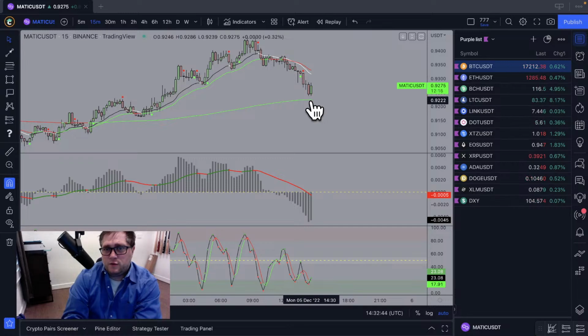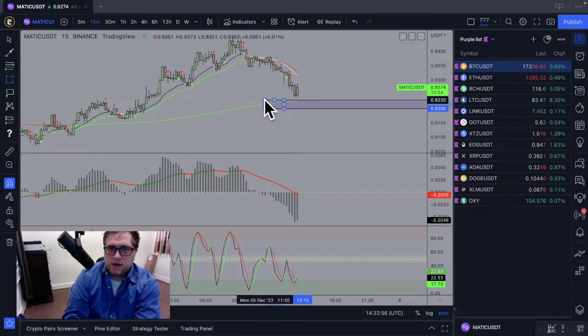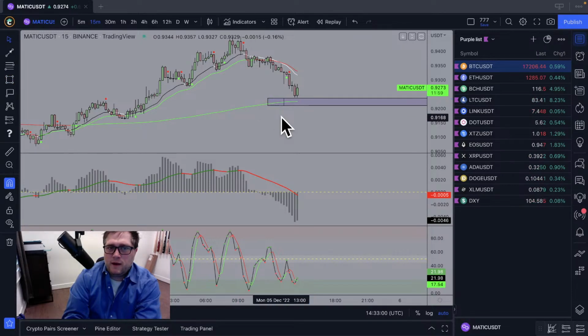It's at the 233. It does not have to touch the 233 to be rejected. That's another mistake that some people make. Anywhere close to it, I consider as being rejected. The rules that you use in stock trading or forex do not apply the same way.